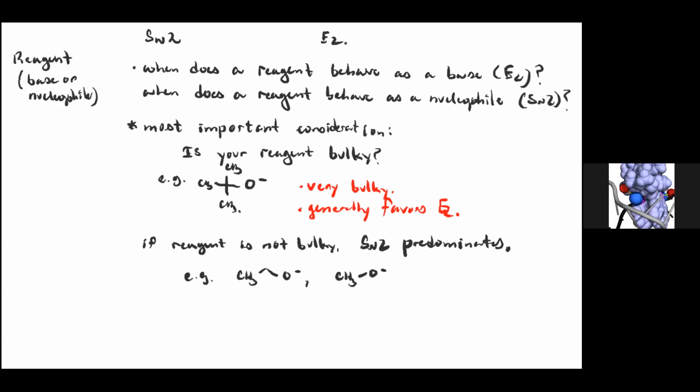All right, so what are the types of questions that you should be able to answer in terms of, am I going to get an SN2 or an E2, okay? And again, we're not going to ask you to split hairs or split atoms on this one. But you should be able to make some types of judgment calls.